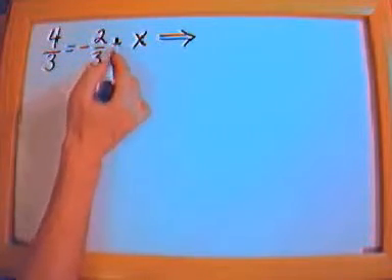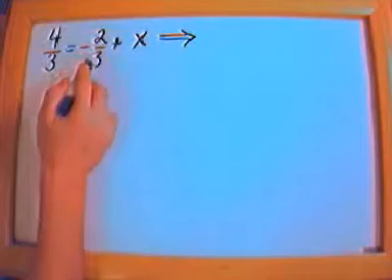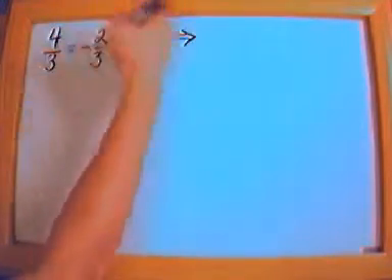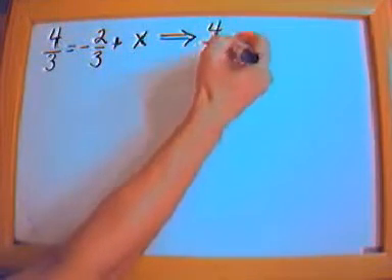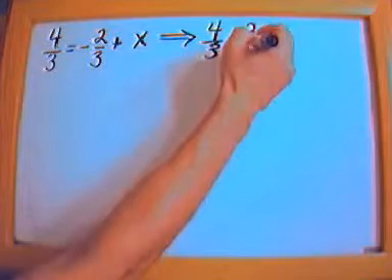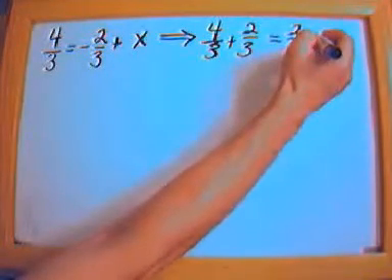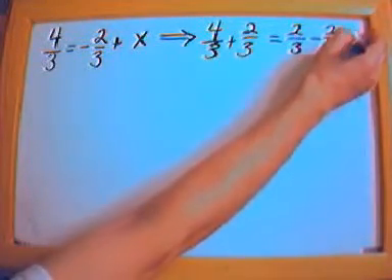Minus 2/3 plus x is the same thing as x minus 2/3. So in order to get it by itself, I need to add 2/3 to the side, and that'll cancel it out. So working just like this, 4/3 plus 2/3 is equal to 2/3 minus 2/3 plus x.